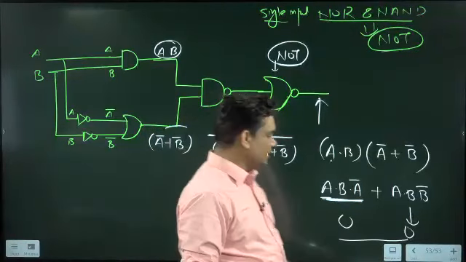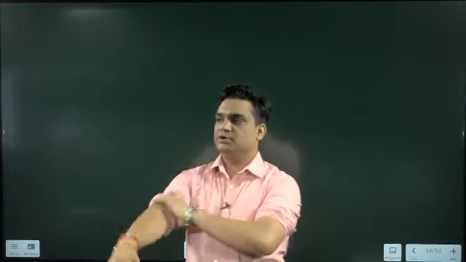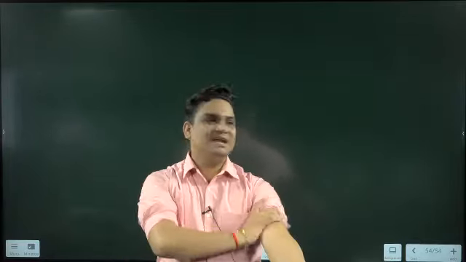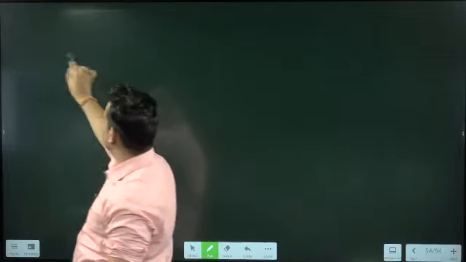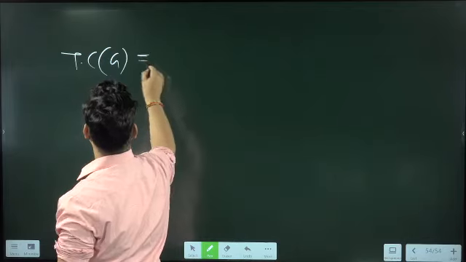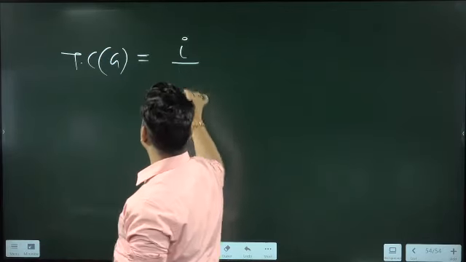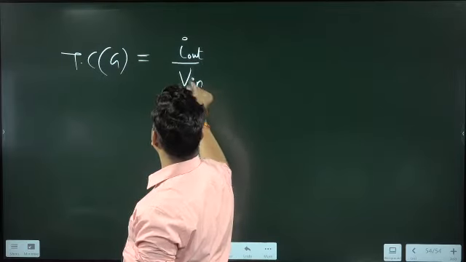Now I'll be taking wave optics first, because most people demanded it. Okay, transconductance. Transconductance is represented with G. Conductance is I by V, but this is with respect to input voltage, how much output current we are getting.